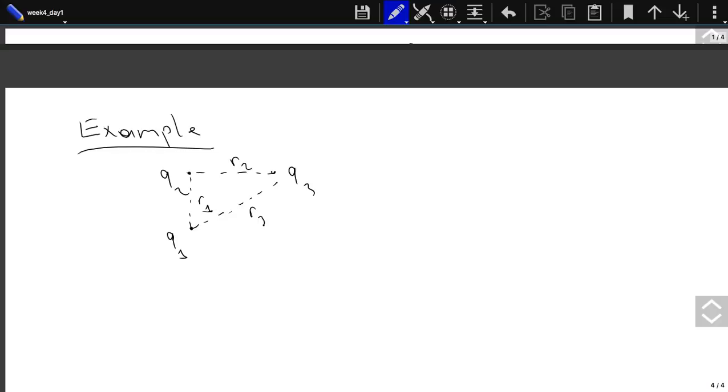Let's say we have three charges now, Q1, Q2, and Q3. This distance is R1, this distance is R2, this distance is R3. So what is the potential energy of this system?